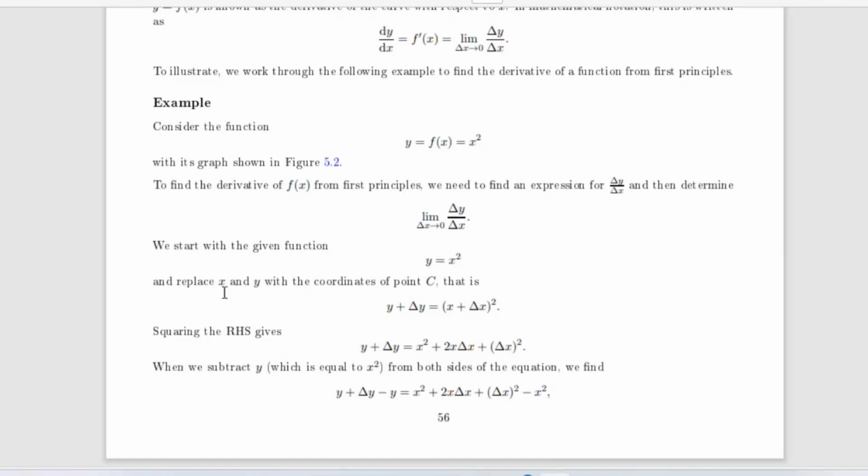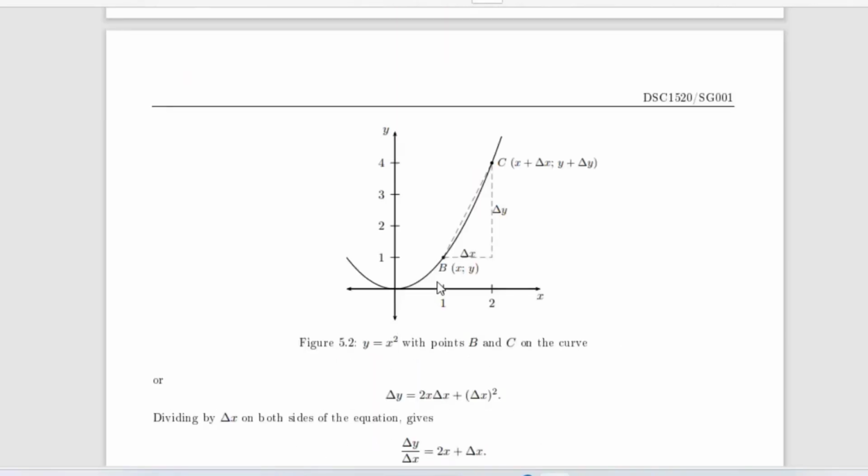And replace x and y with the coordinates of point C. The coordinates of point C: x is x plus change in x, and y is y plus change in y.